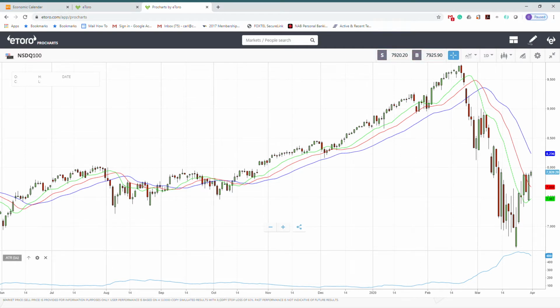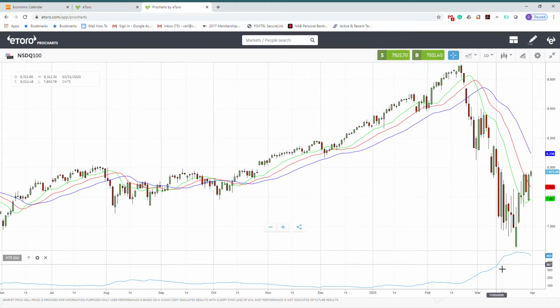So what exactly can we figure out by looking at the ATR indicator? The fact is, average true range does not take into account any price direction, so it's not going to tell you if we are in an uptrend or downtrend.